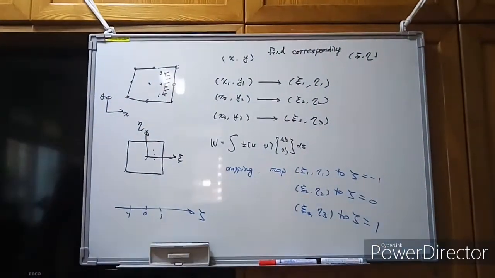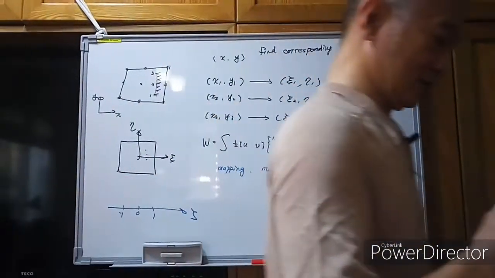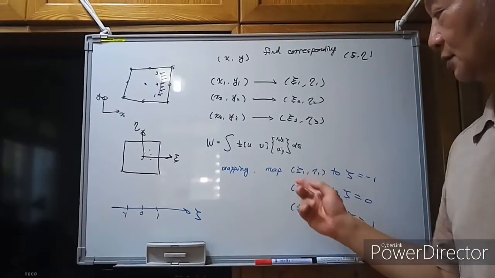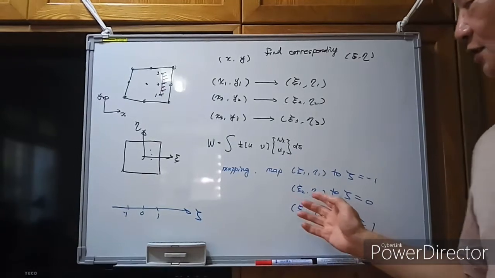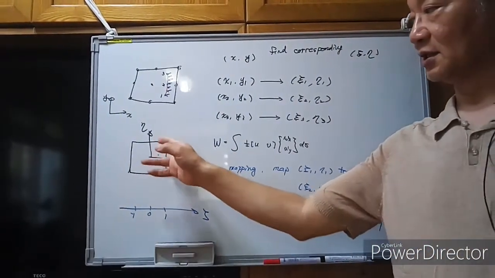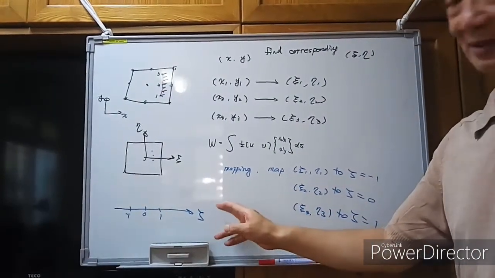Okay, so let's map the three sets of the coordinates: c1, eta1, c2, eta2, c3, eta3. We can map these three sets of the coordinates in the mass element to the zeta axis.